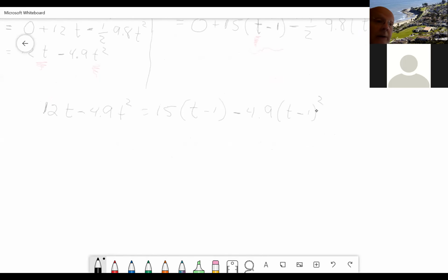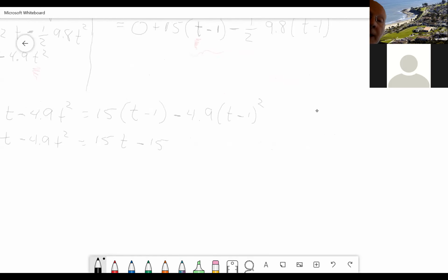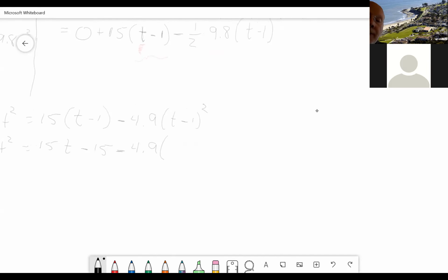And then I've got a reasonable amount of algebra to do here. I will leave the 12t and the 4.9t squared alone. This will then be a 15t minus 15 when I do the distributive. And this, I'll do 4.9. And if you remember, your (a minus b) squared is a squared minus 2ab plus b squared.